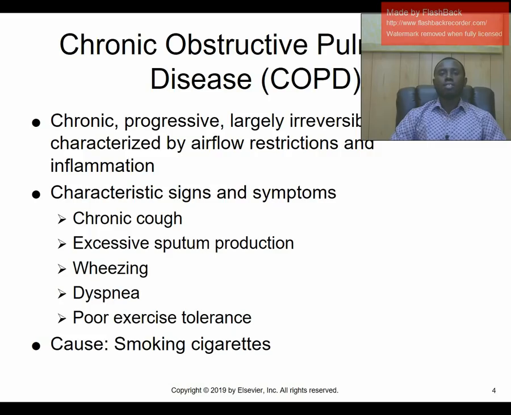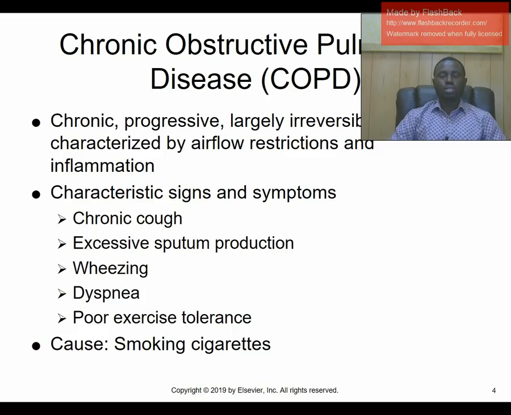For an individual that has COPD, you as the nurse will see symptoms including chronic cough, excessive sputum production, wheezing, dyspnea, and poor exercise tolerance. All these are a result of the inflammatory process.